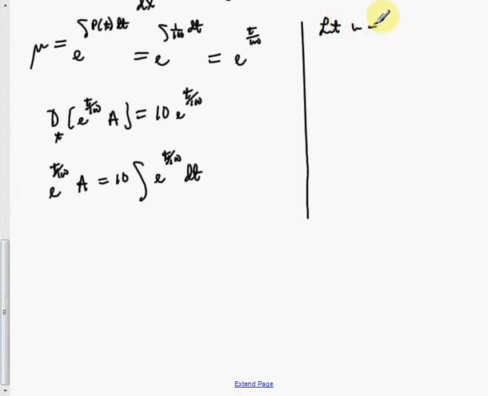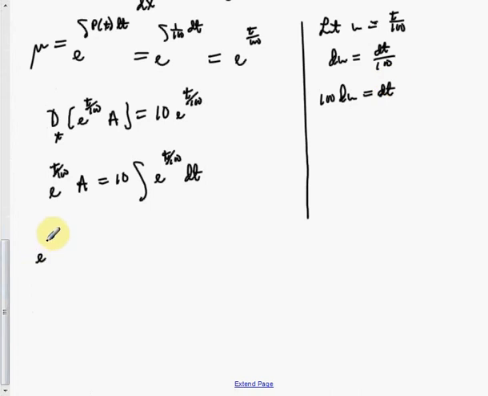Let u equal to that t over 100, and so du is equal to dt over 100. So 100 du is equal to dt.